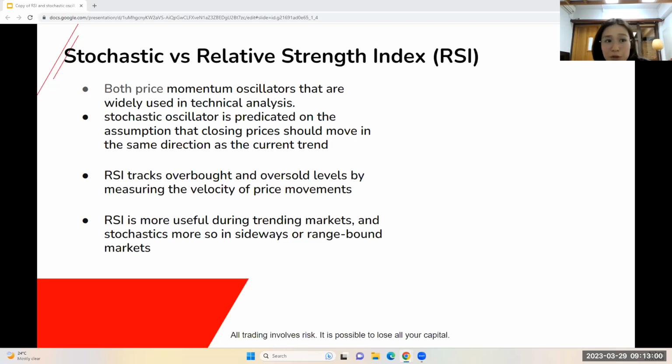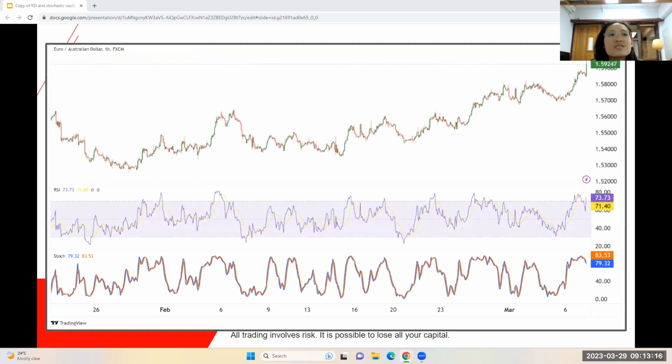So you can see in my last point, I mentioned that the RSI is more useful during trending markets, whereas the stochastics is more useful in sideways or range-bound markets. Okay, so here's just a brief image to show you the RSI and the stochastic when used in tandem.